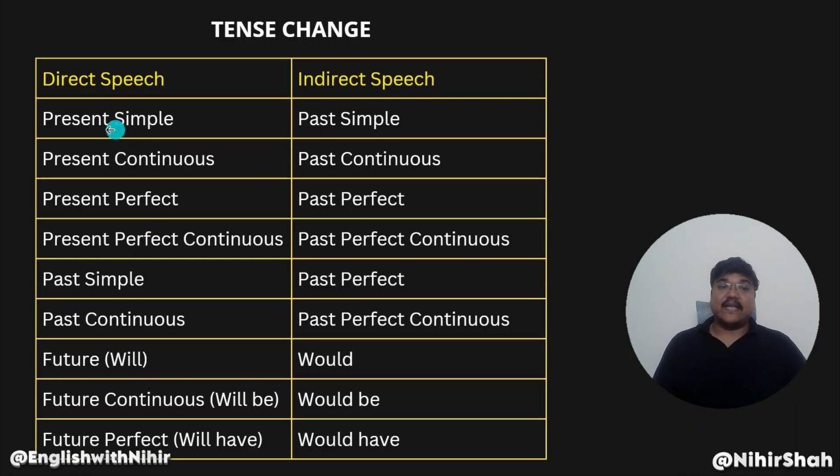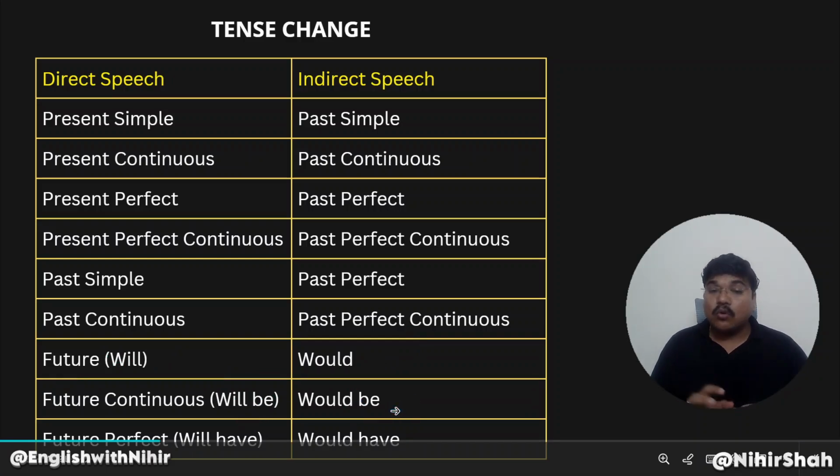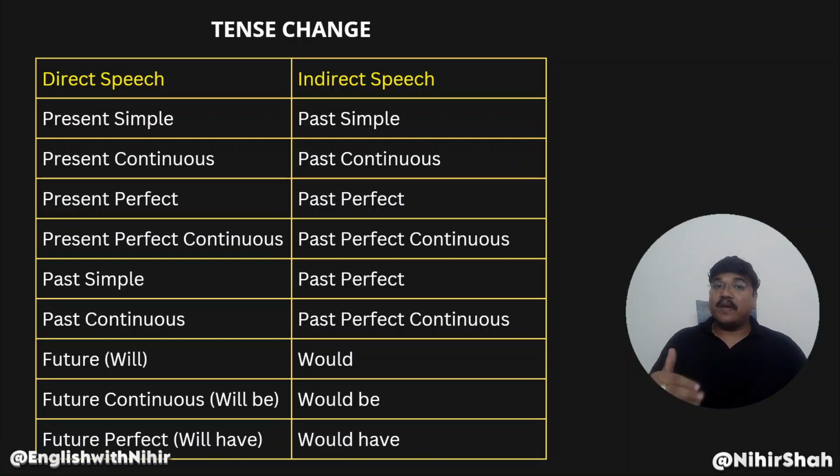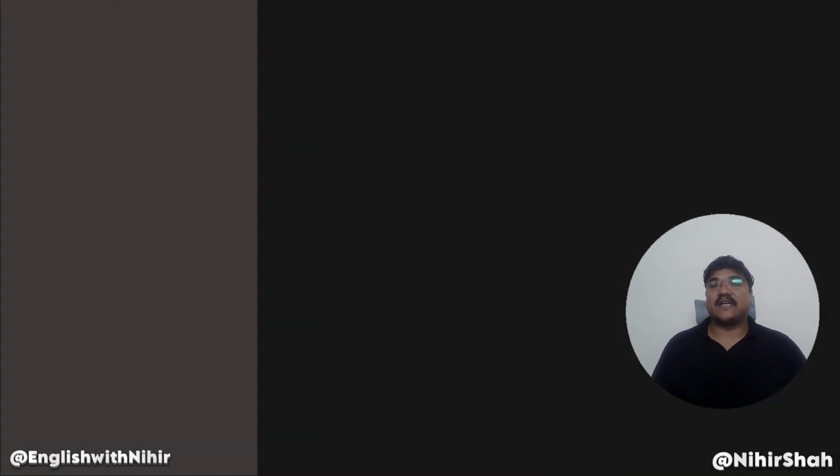You can see that present simple converts to past simple, present continuous converts to past continuous, present perfect converts to past perfect, present perfect continuous converts to past perfect continuous, simple past will convert to past perfect, past continuous will convert to past perfect continuous, and in future, will be converted to would, and will have to would have. You may pause and take a screenshot of it, and let's move on to the next mistake.